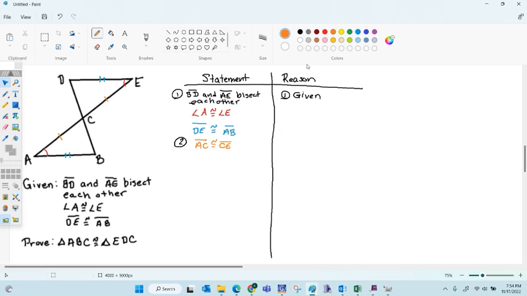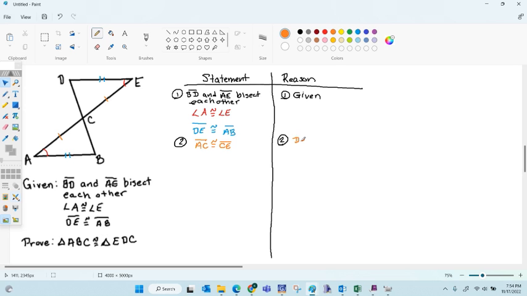Wait a minute, how do I know that they're congruent, you might say? I hope you say that. Where did I get that from? I got that from this fact right here, that they bisect each other. And how did I know it? I knew it because I know what the word bisects means. By definition, bisect means it cuts it into two equal pieces.